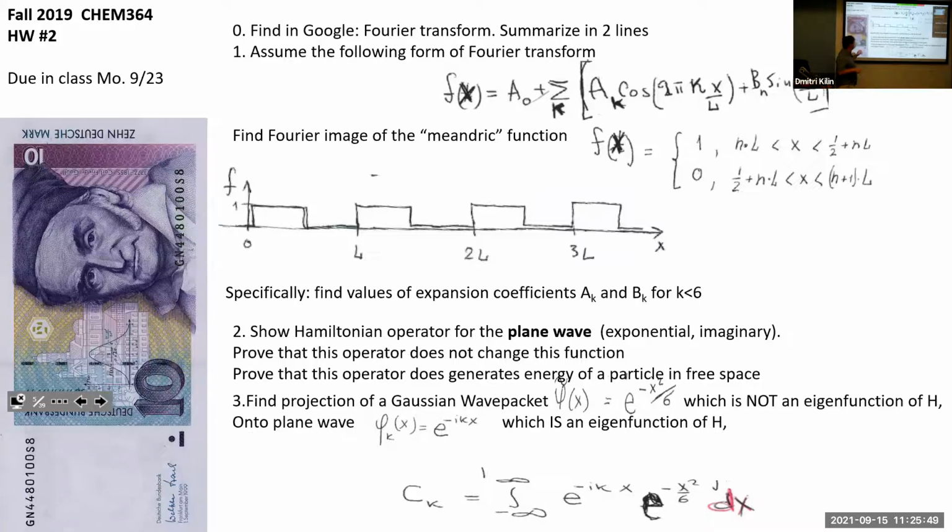So the concept of Fourier transform that is hidden in this exercise is a key thing for the practical description of this electron in free space. First, there will be an exercise to do Fourier transform for a periodic function with these steps.